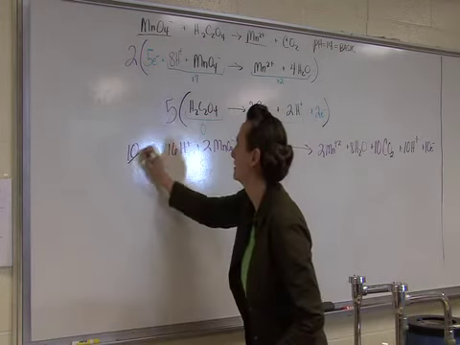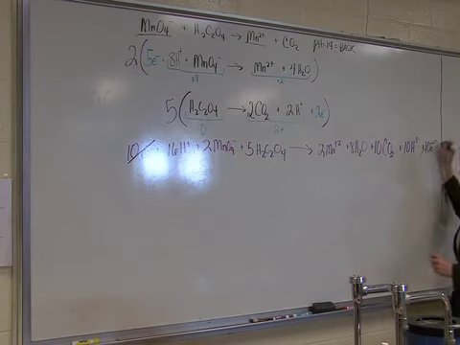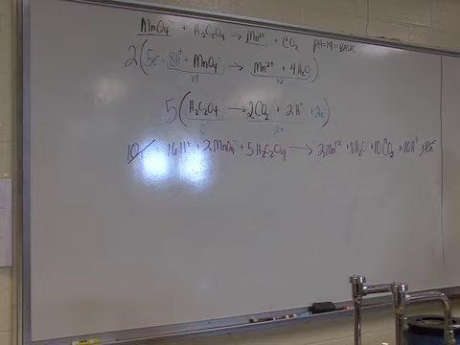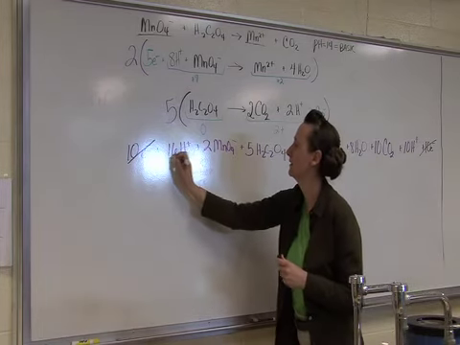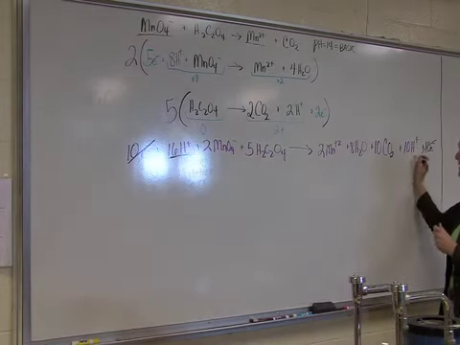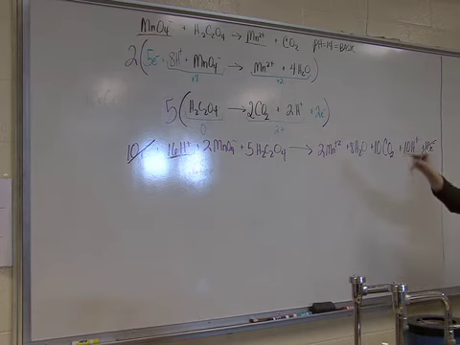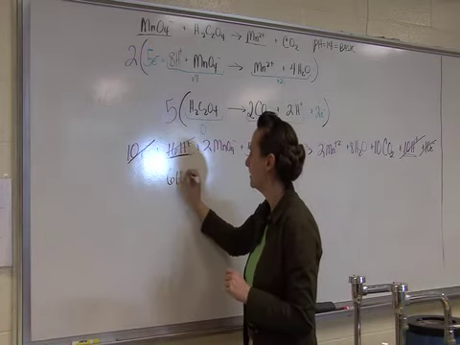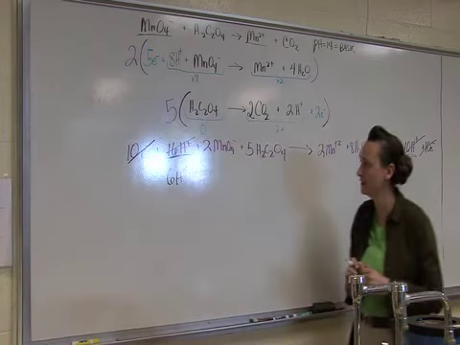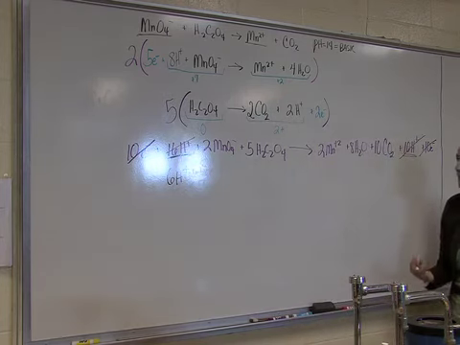So my electrons cancel. What else cancels? That's right, H plus cancels. I have 16 here. And I have 10 here. So my higher number, I'm going to have some left over. All 10 of these will cancel and leave me with 6 H plus over here. The other thing you would look to cancel is water.